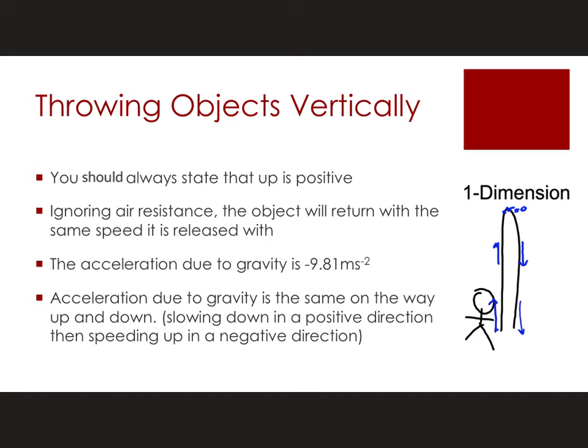Then on the way down, yes, it's speeding up, but now it's in a negative direction, again giving me a negative result. So my acceleration for the whole time doesn't change. It's always the same. The Earth doesn't disappear, change size, or change position. So my acceleration due to gravity is going to be the same throughout.